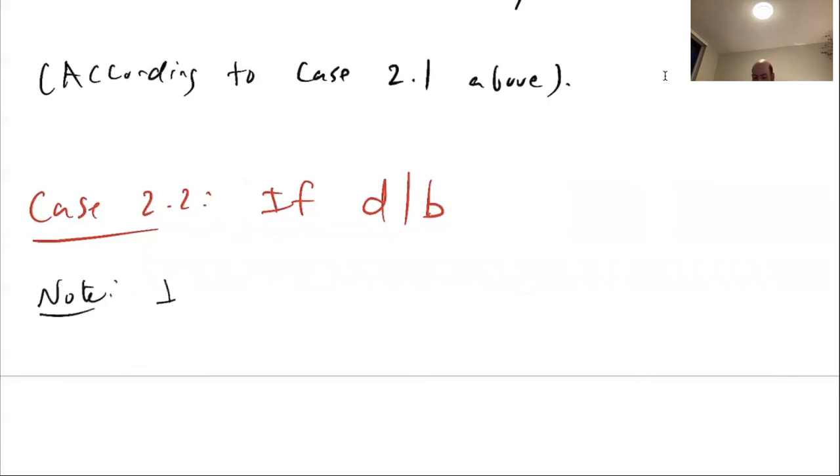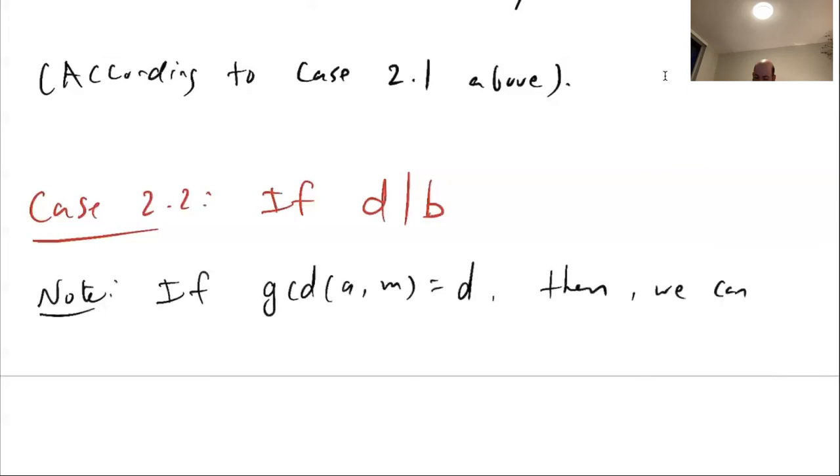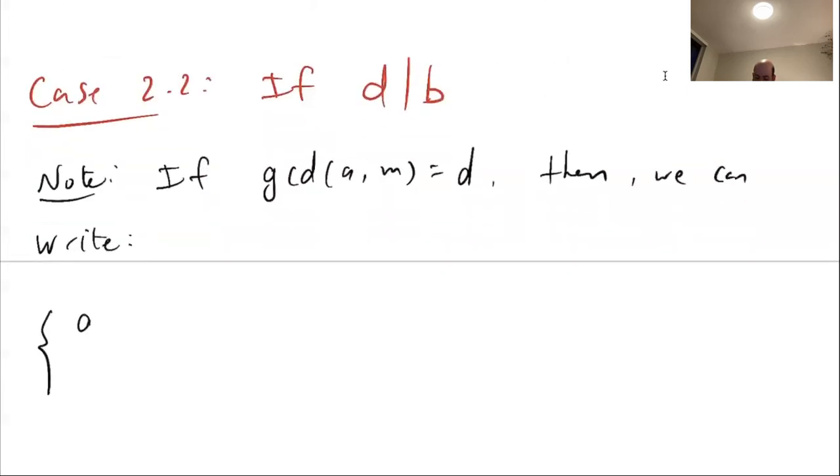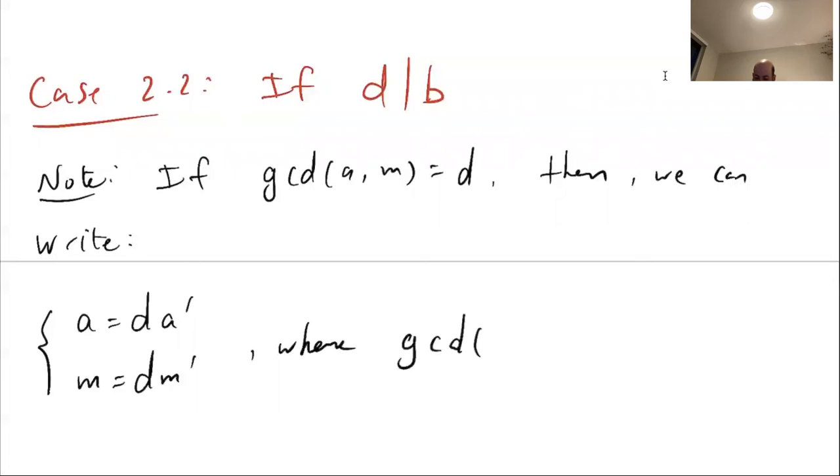Note, if GCD of A and M equals D, then we can write A equals dA prime and M equals dM prime, where GCD of A prime and M prime equals 1.